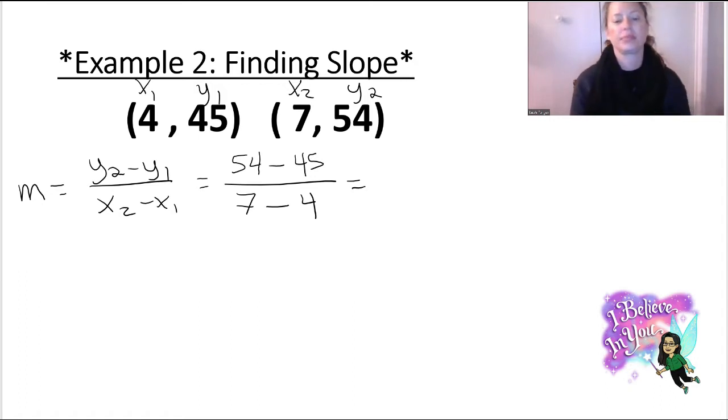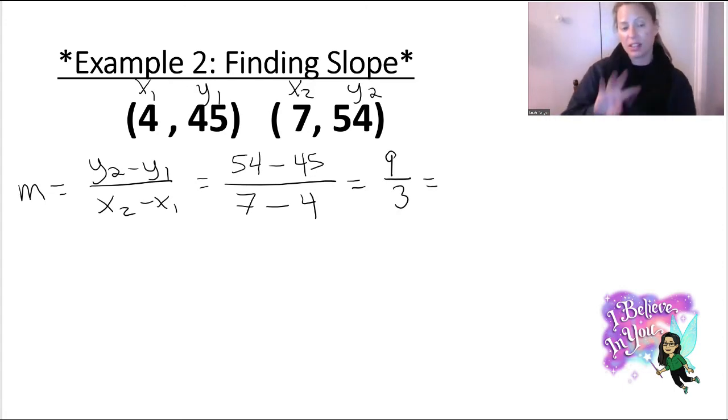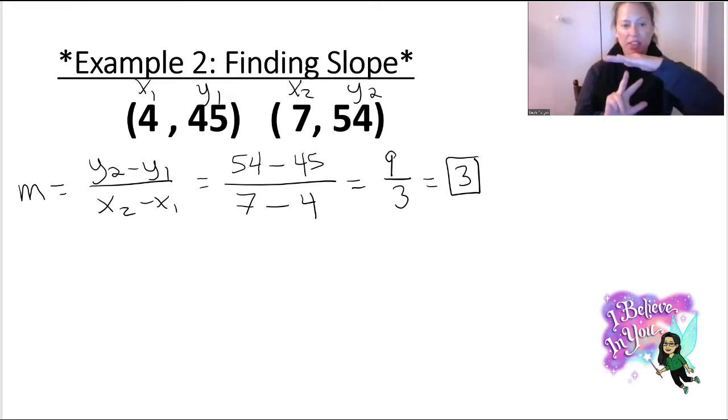Okay, 54 minus 45. That is 9. 7 minus 4 is 3. 9 divided by 3 is 3. So my slope between these 2 points is 3. Rise over run, up 3 over 1. That's my slope.